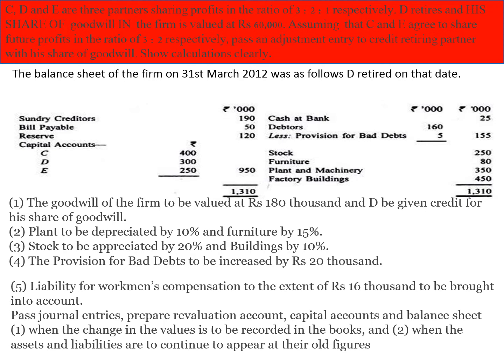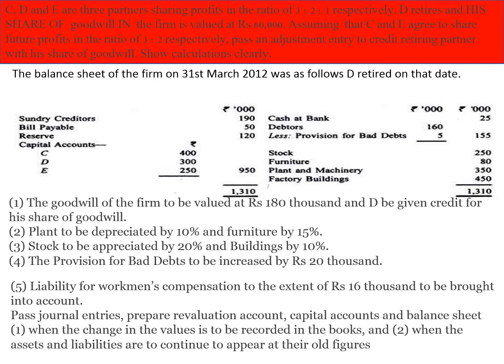Stock 2,50,000. Furniture 80,000. Plant and machinery 3,50,000. Factory building 4,50,000. The total of the balance sheet is 13,10,000.